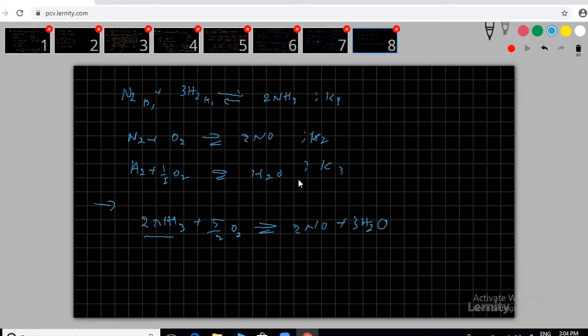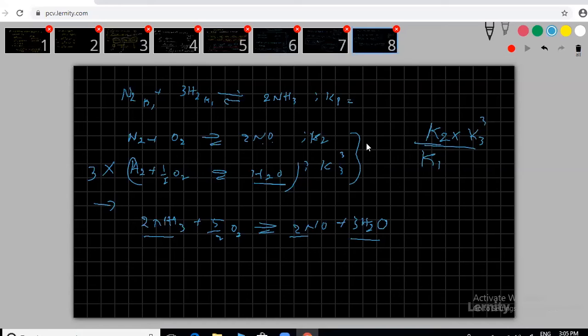Ammonia is reactant, means you have to inverse this equation, sir. You have to inverse the first one, so I will get 1 by K1 first. Next, NO is product. But here 3H2O product, means you have to multiply into 3. Water is product and NO also product, means these two we are adding. Adding means multiplying the equilibrium constants, K2 into K3 cube.